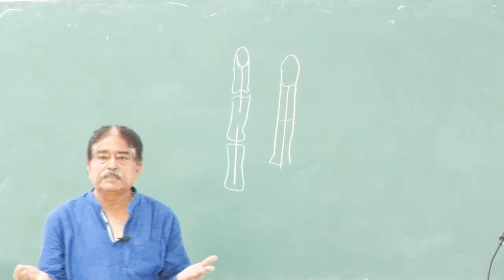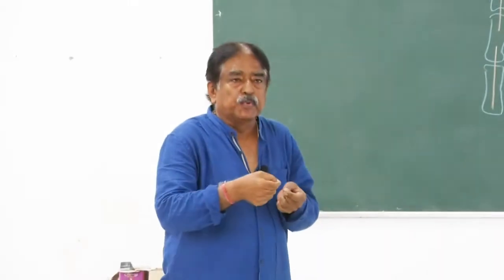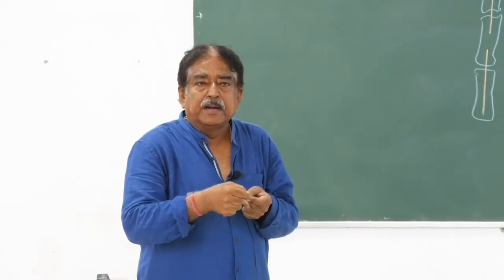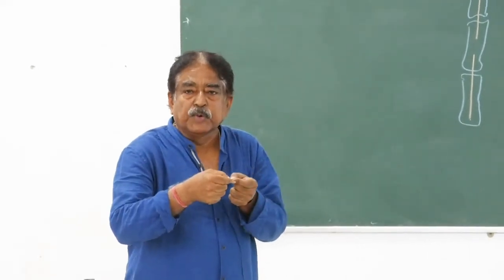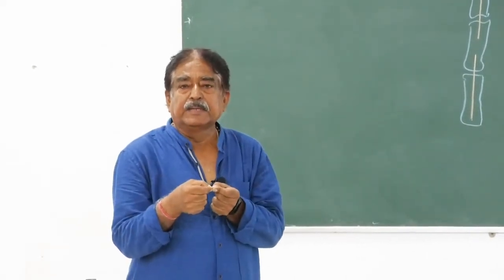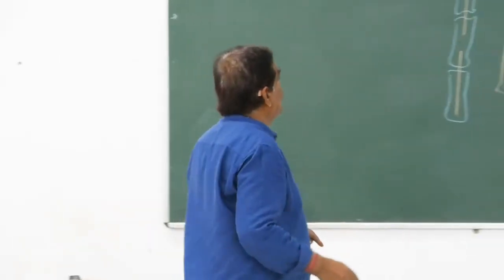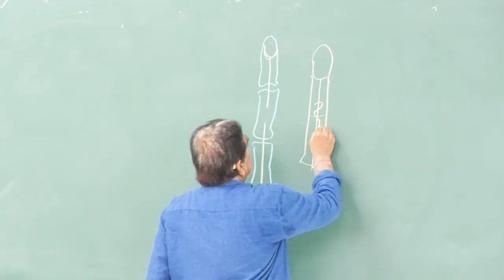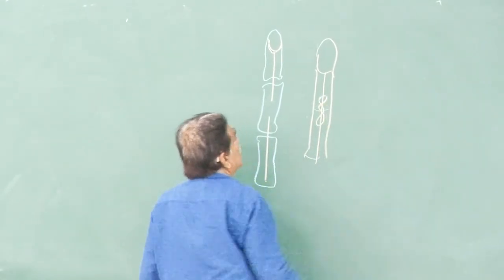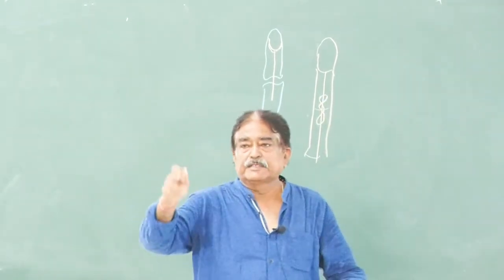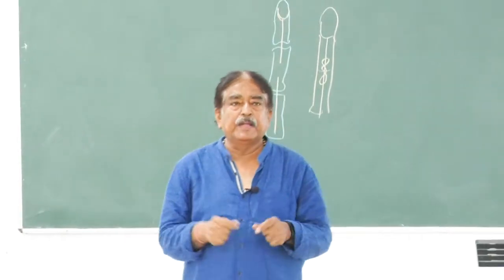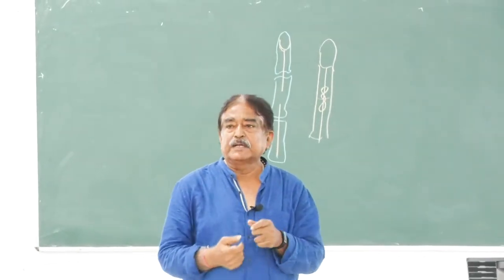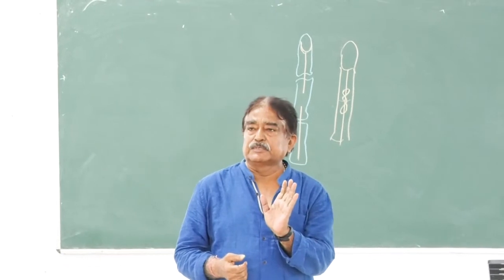Open up and try to pull the two ends of the ligament and suture it like this. Figure of 8. Pull it and suture it and put it in a relaxed position.